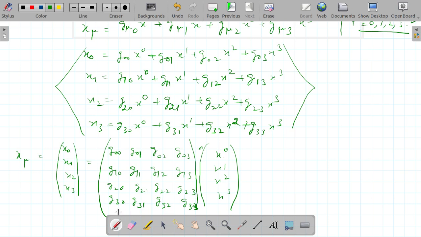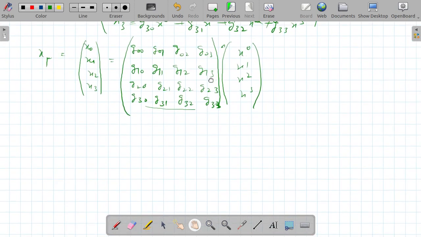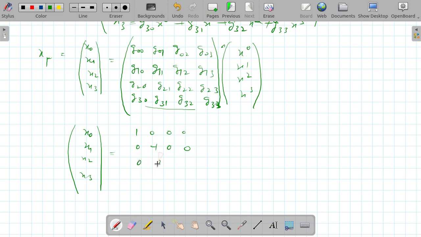And if I substitute the value for the metric tensor here, then it can be written as the matrix 1, 0, 0, 0; 0, minus 1, 0, 0; 0, 0, minus 1, 0; 0, 0, 0, minus 1.